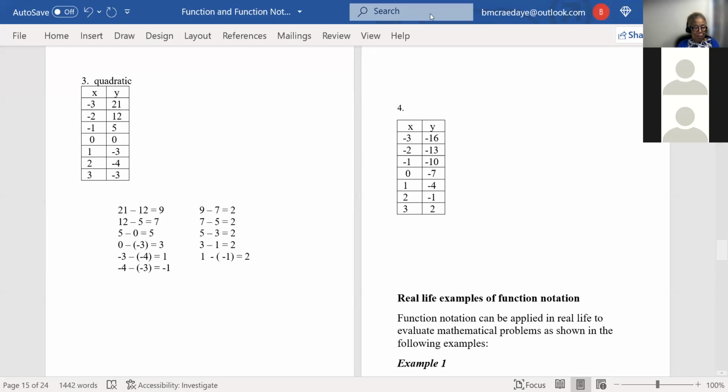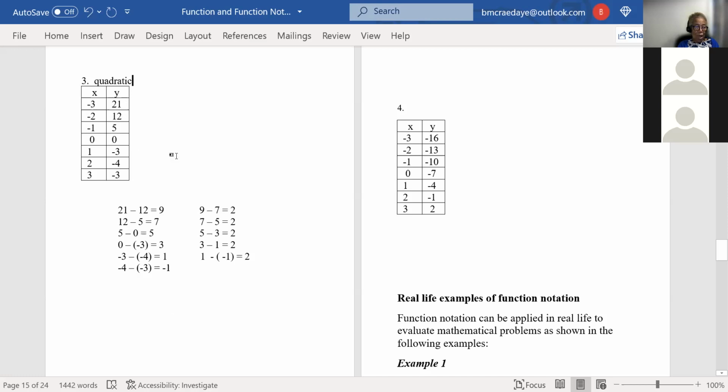The ratios are not the same: 21 over 12 is not the same as 12 over 5. For a ratio, when you put one number over the next, you should get the same as the second over the third, so it can't be exponential. It can't be linear because the first differences are not the same.